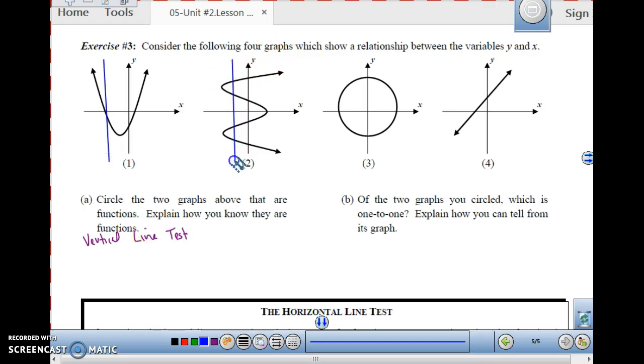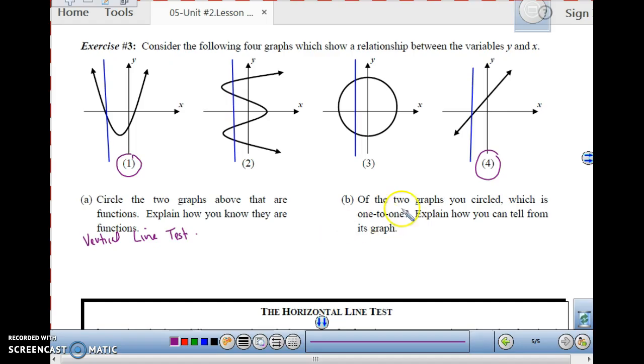Here, I hit it multiple times. Here, I hit it multiple times. And here, I hit it only once. So which ones of these are functions? Well, it would be number 1, because it hits it only once, and number 4. So those are functions because when you draw a vertical line, it hits the graph only one time. For each x, there's only one y.